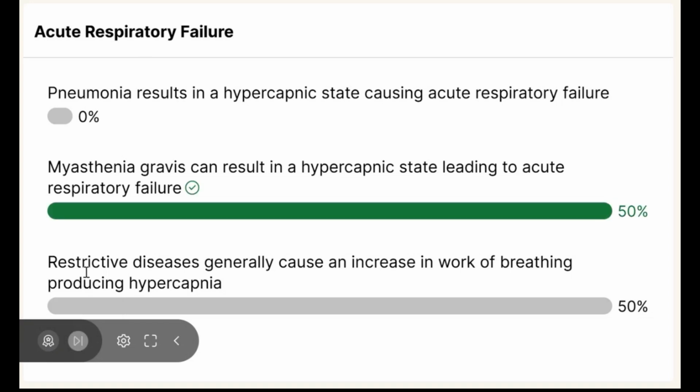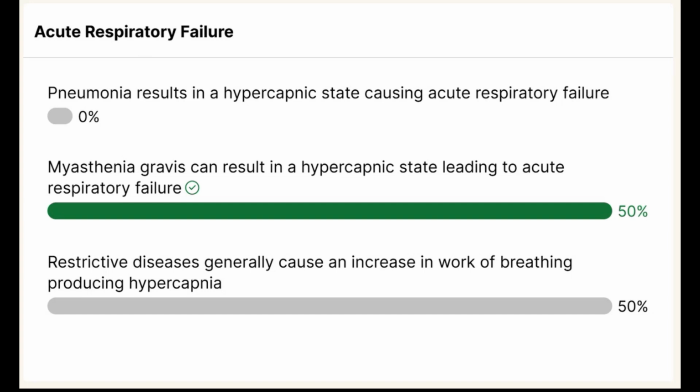Okay. So over here, the first one, it says pneumonia results in a hypercapnic state causing acute respiratory failure. It's not exactly true because in pneumonia, obviously, you're going to have impaired gas exchange. And you are also aware that carbon dioxide has a way higher diffusion coefficient.